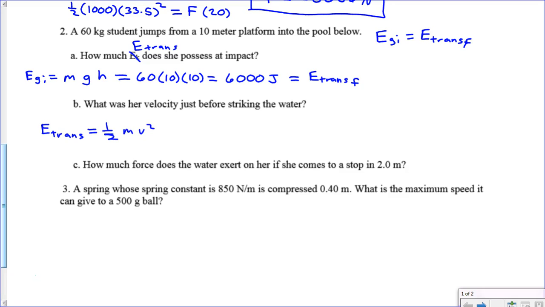So we know that 6,000 equals 1/2, and then again her mass is 60, times velocity squared. And if you go through that, you should find that her final velocity equals 14.1 meters per second.